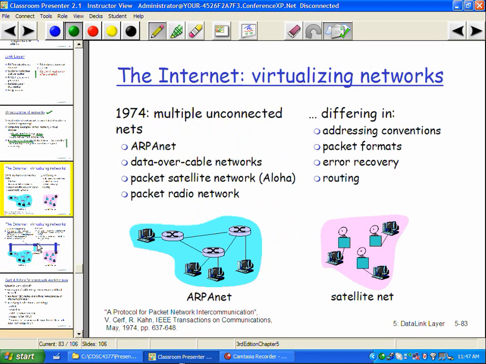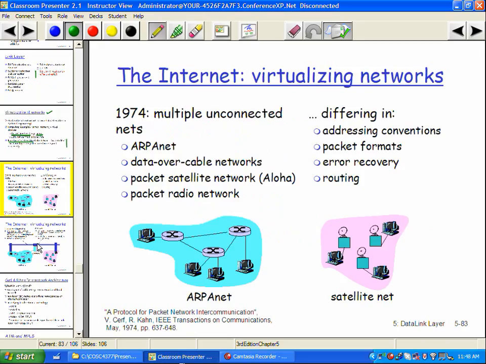Okay, so the internet is very virtualized right now. So right now you just use global email addresses, global web addresses. You don't need to know anything about the lower level details, and that was not always the case.